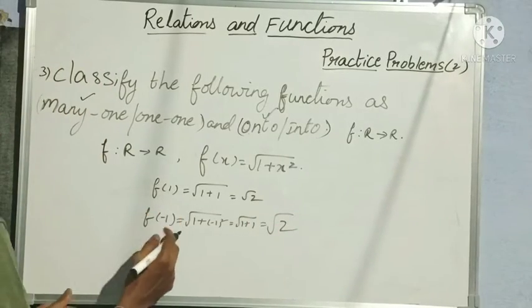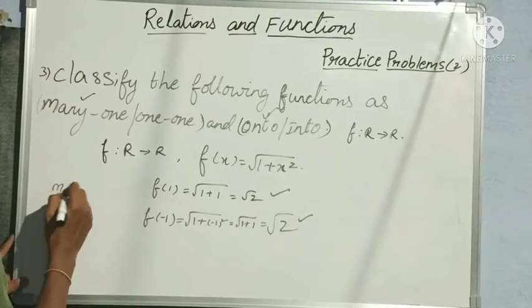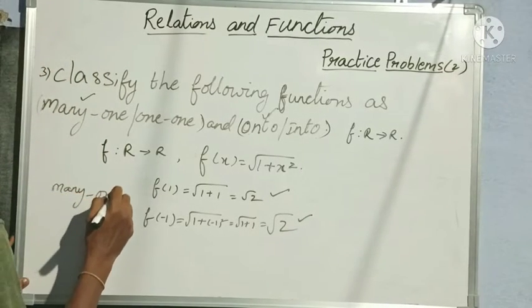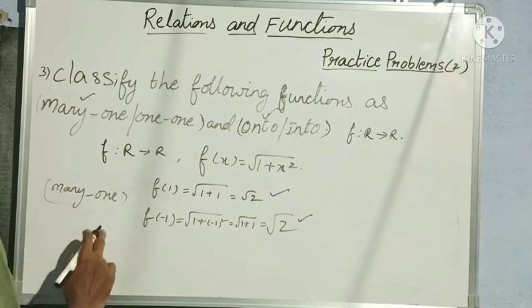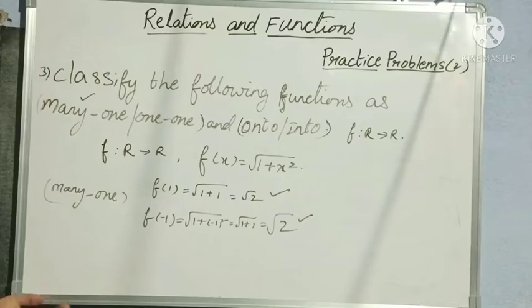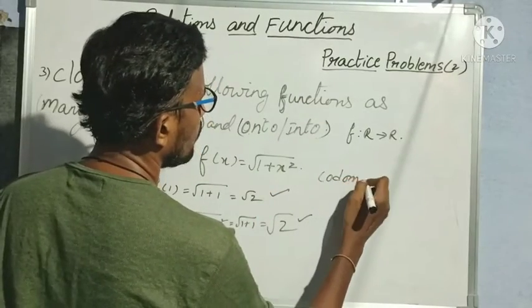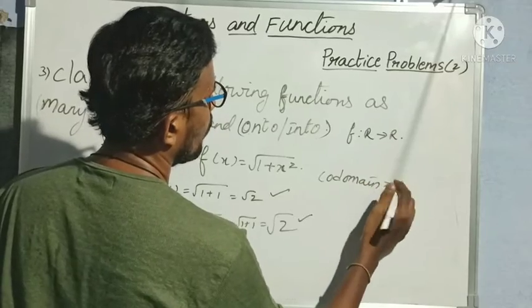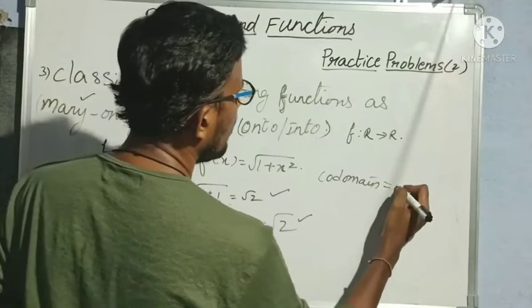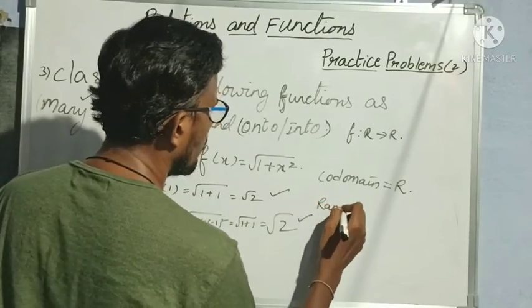So for more than one value I am getting the same image. So this type of function is a many one function, right? Now let us see whether this is onto or into. The codomain is capital R. Now let us find the range of this function.